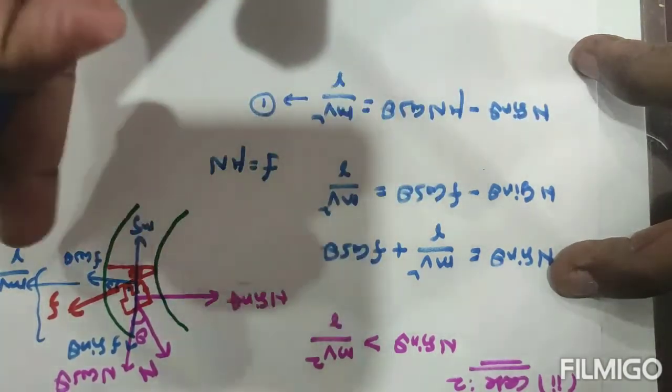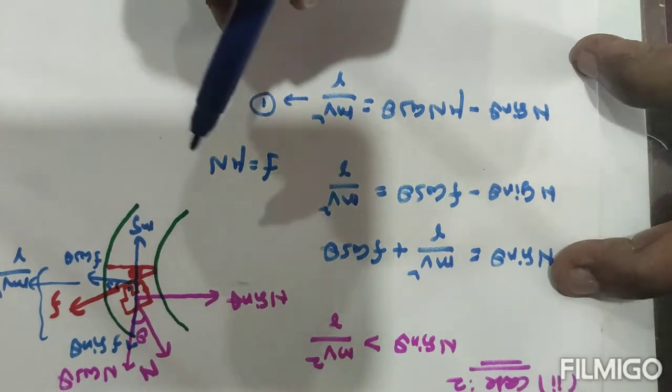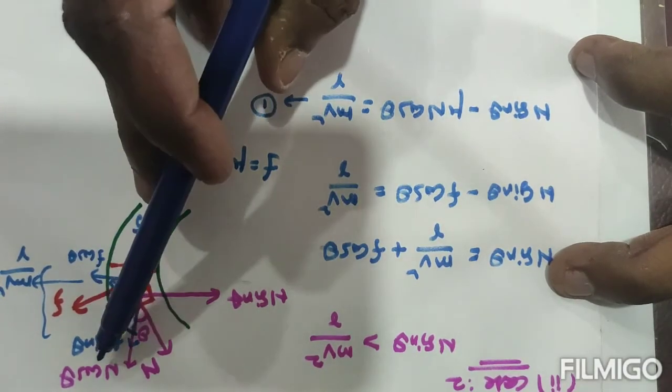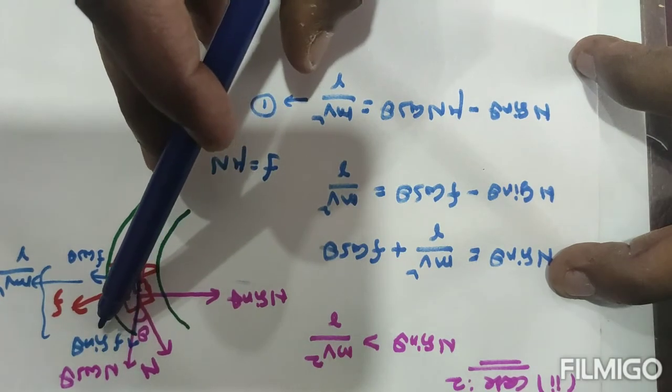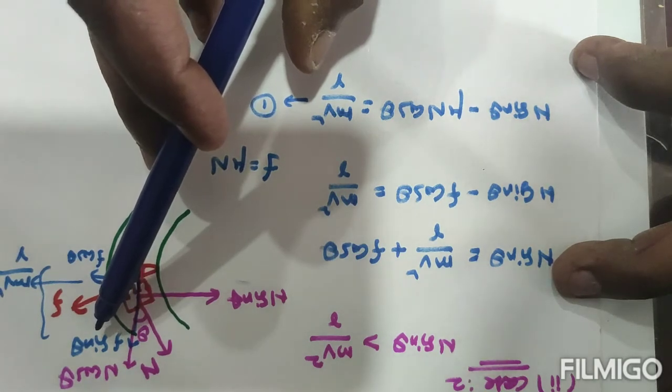So now horizontally we have compared. Next we can compare vertically. So we can compare vertically, that is mg is equal to N cos theta plus f sin theta. So please listen.